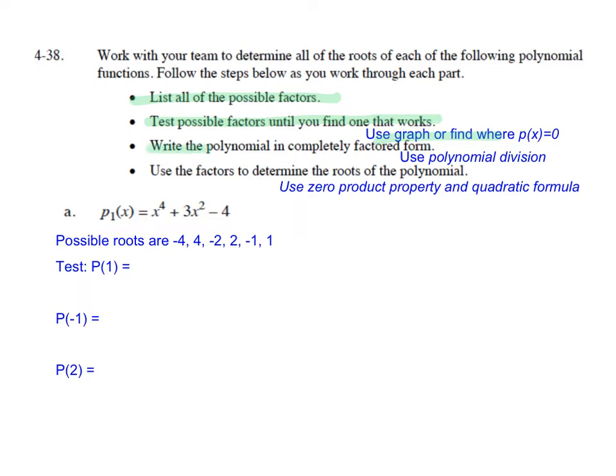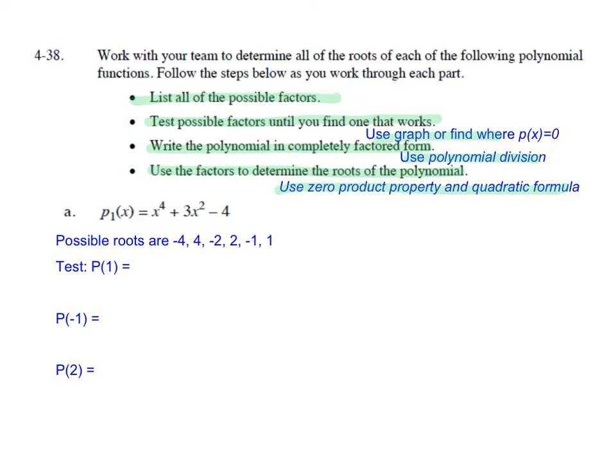And then we want to write this in completely factored form, which will require us to use polynomial division. Once we have it in completely factored form, we then want to find and determine all of the roots. So possible factors in this particular problem are going to be -4 and 4, -2 and 2, -1 and 1.